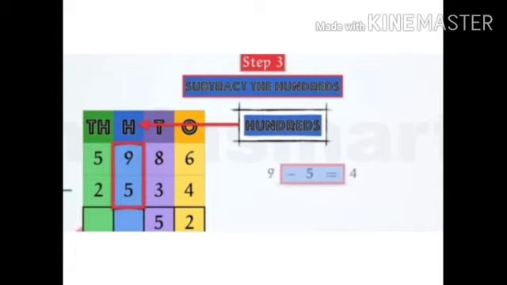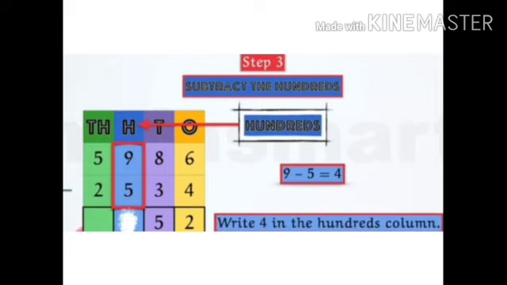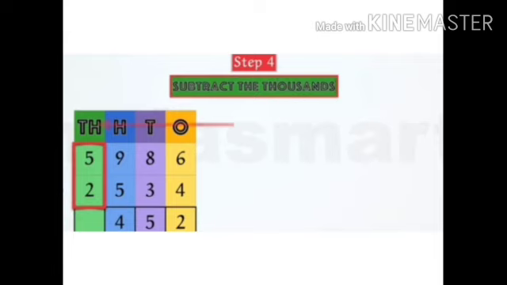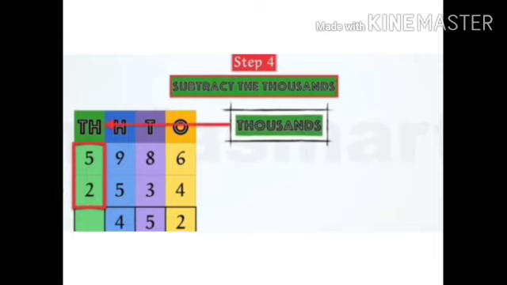Write 4 in the hundreds column. Finally, subtract the thousands. 5 minus 2 is equal to 3. Write 3 in the thousands column.